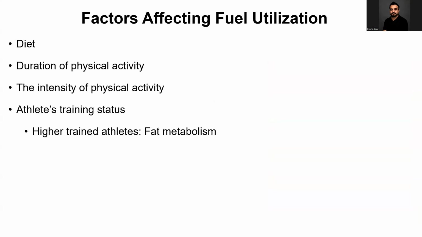So these are the factors that affect fuel utilization. Diet is one of the important factors, along with the duration of physical activity, the intensity of physical activity, and the athlete's training status. Higher trained athletes use more fat.